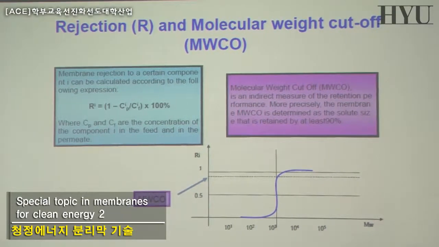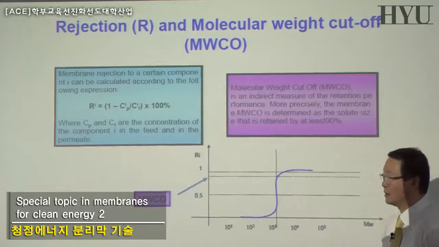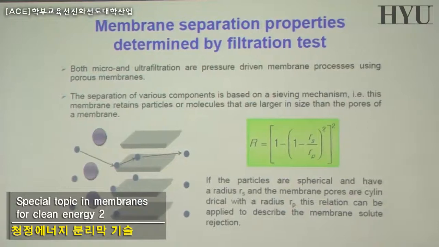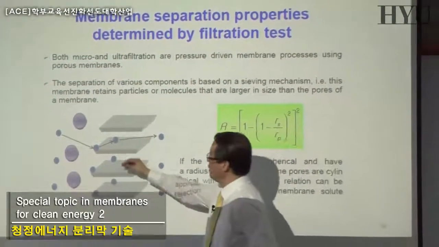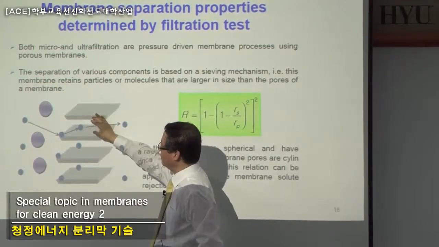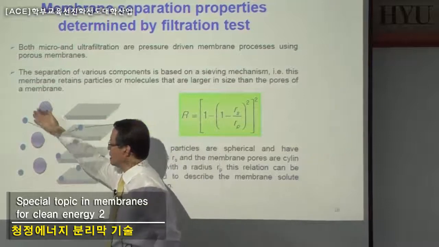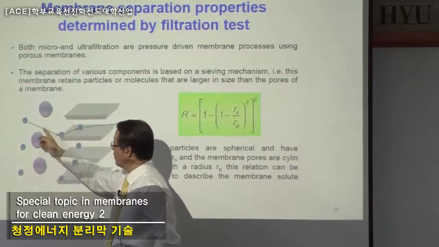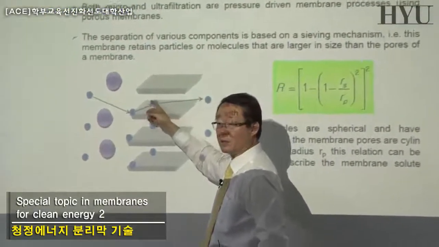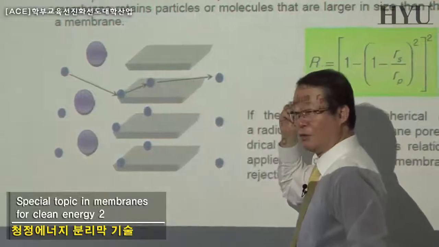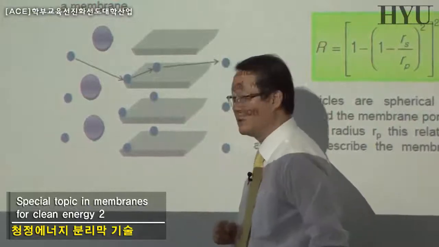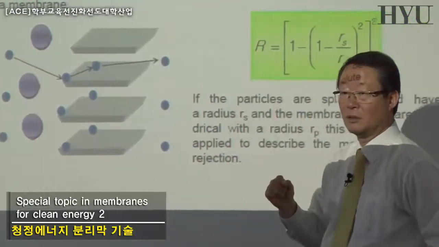What about the molecular weight cutoff? Molecular weight cutoff is the one where, when you have a certain pore size and a different size of molecules, some small molecules, smaller than the pore size, can be penetrated through, whereas a larger molecule, with larger kinetic diameter than the pore size, cannot, right?